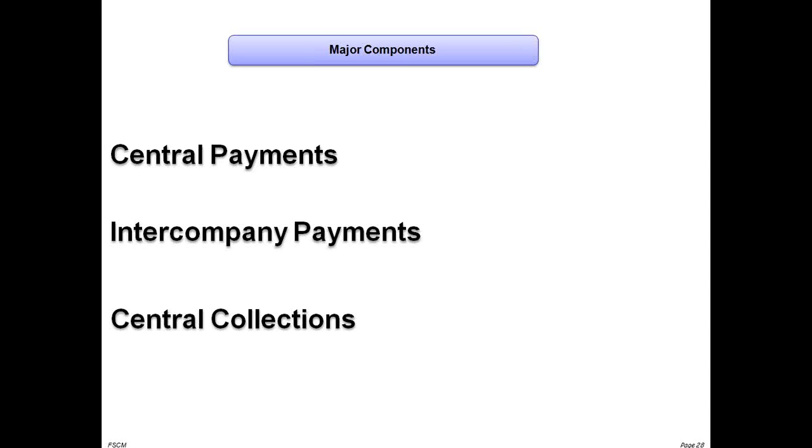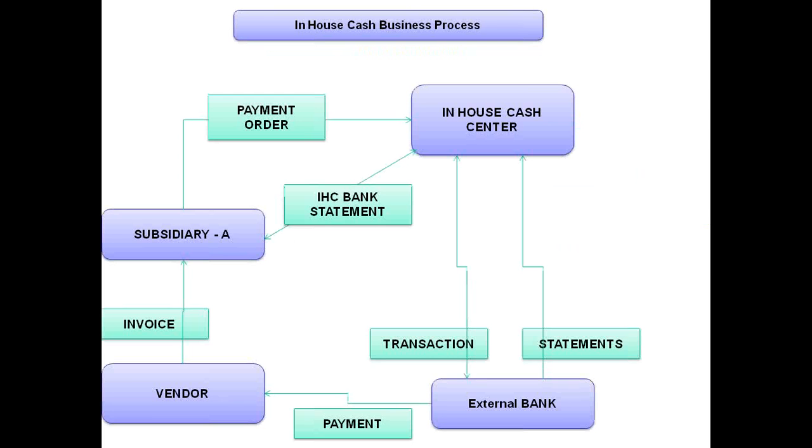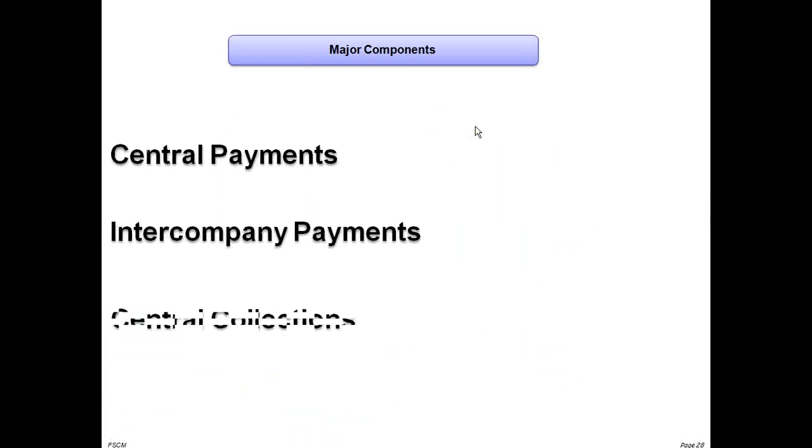Generally the bank statement will be updated to the respective subsidiary, but in SAP FSCM, the bank statement information will be sent to in-house cash. So all these scenarios will be working in future by taking one of the components.